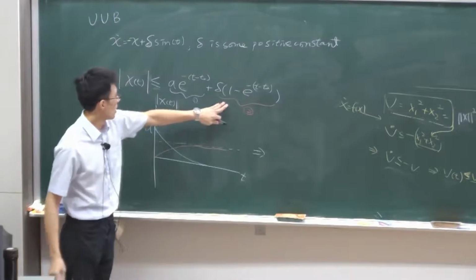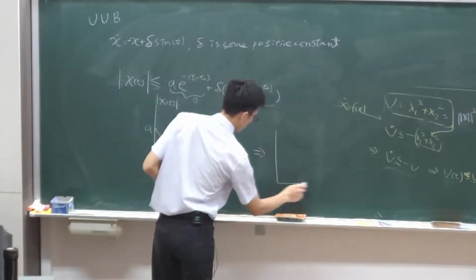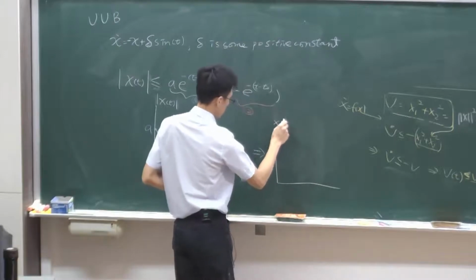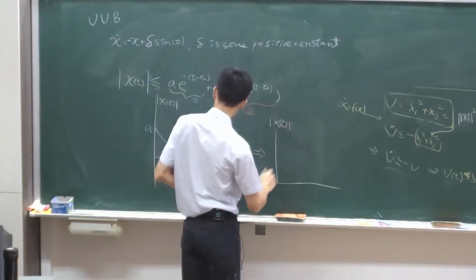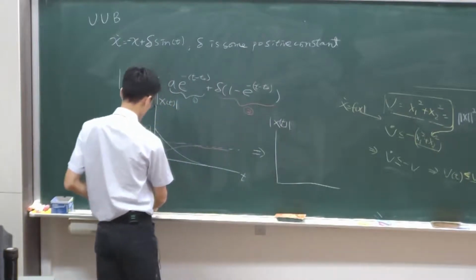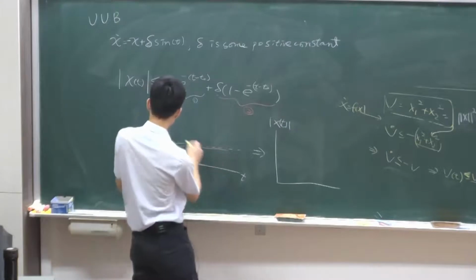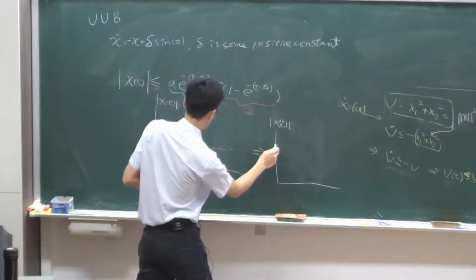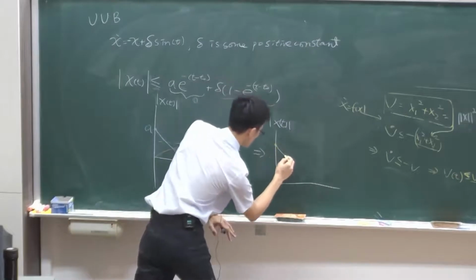So when you sum up these two, you will get the upper bound of xt. Which is here, something like this.